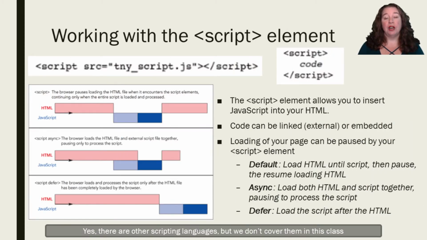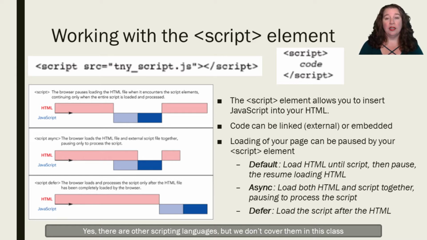When you use your JavaScript, it is often used as an external resource so that you can write all of your JavaScript in a singular file, the same way we do with our CSS, and then include it in your HTML page via a script tag. So the first script tag here has a source of TinyScript that it's going to go find the code from there and run all of that in the code.